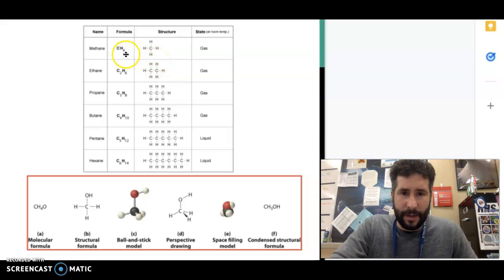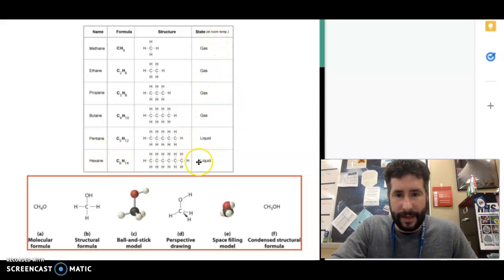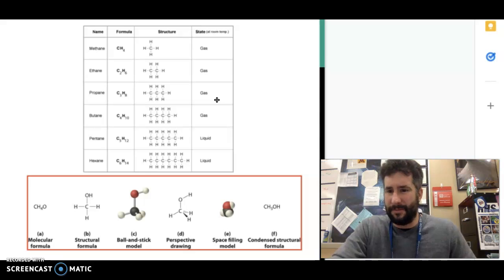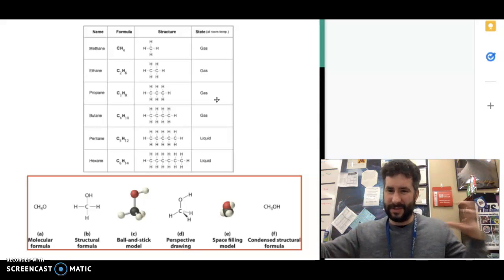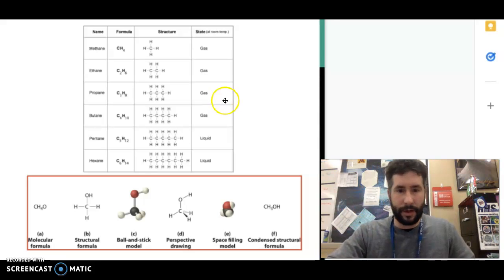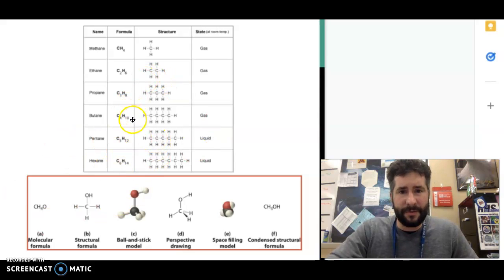Carbon can bond 1 carbon with 4 hydrogens, or 2 carbons with 6 hydrogens, 3 carbons with 8. They have some different names there: methane, ethane, propane, butane, pentane, hexane. As we go, the bigger they get, they tend to be liquids at room temperature rather than gases. That's because the molecules are a little bit bigger and they start to stick together a little bit more as we go.